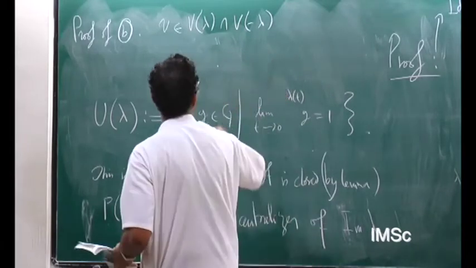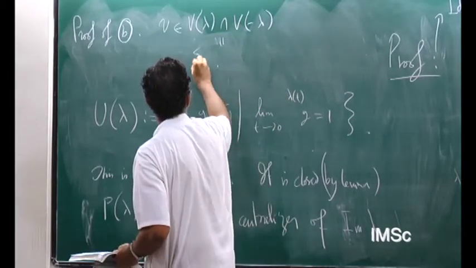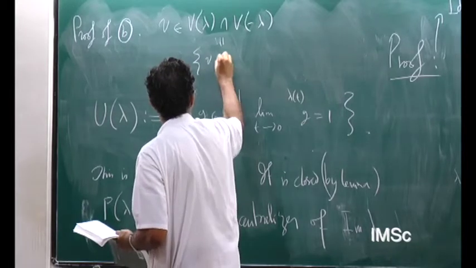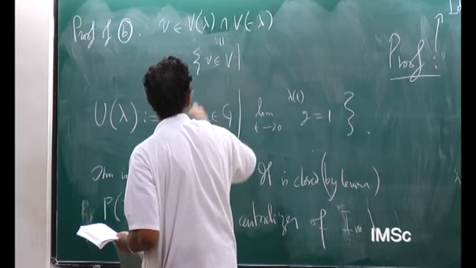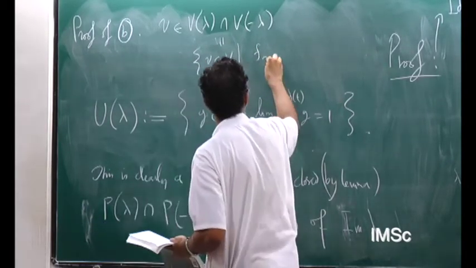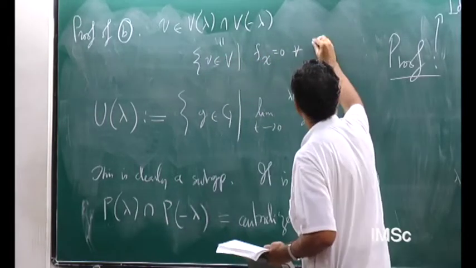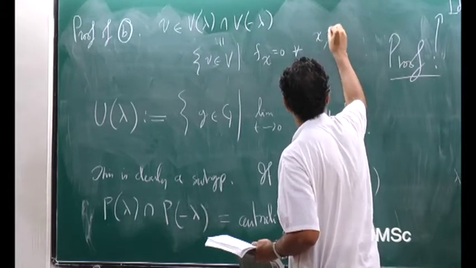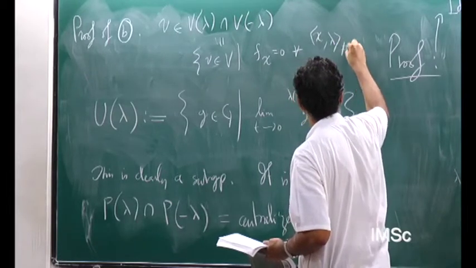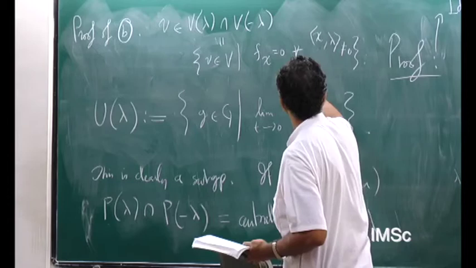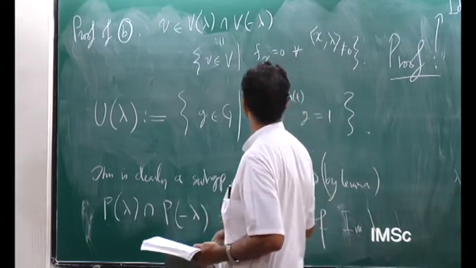So this is the set of all V in V such that f chi is equal to 0 for all chi with chi lambda not equal to 0, for all f.